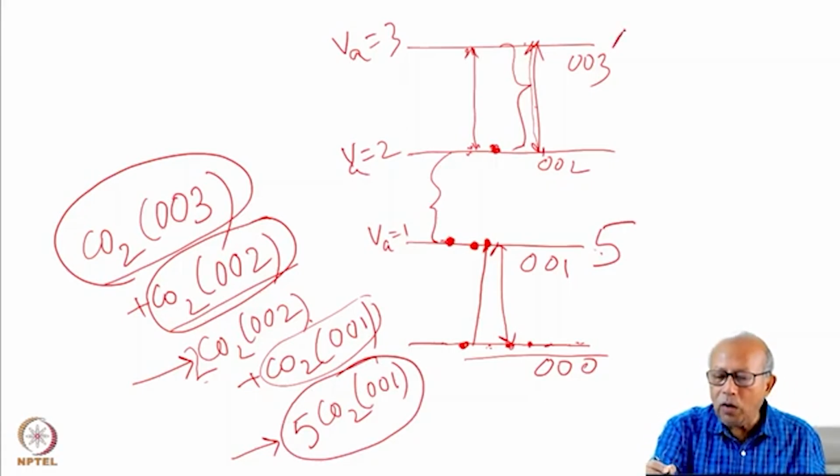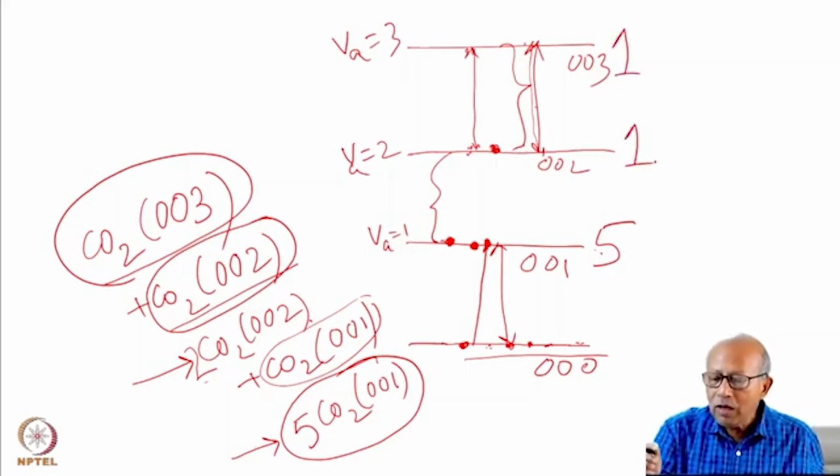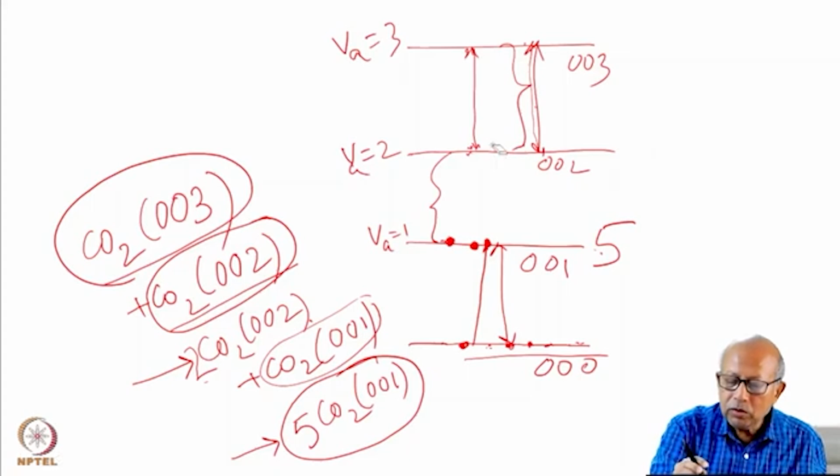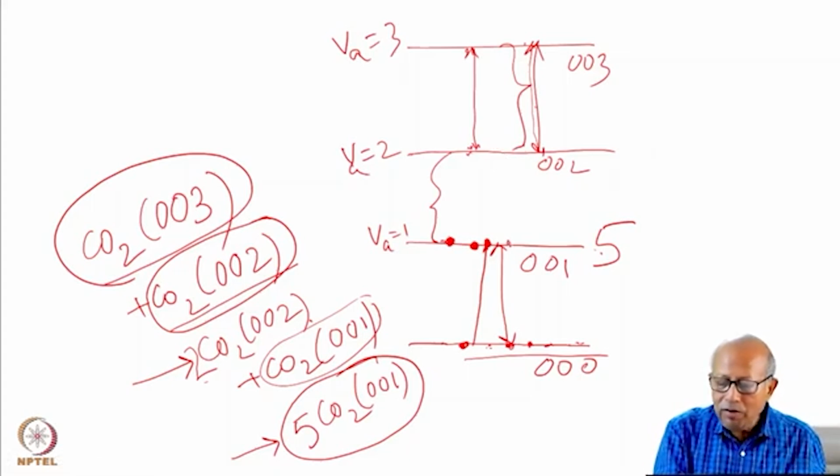You started with one here and one here. Now they are actually gone, and you have 5 molecules in the 0, 0, 1 state.